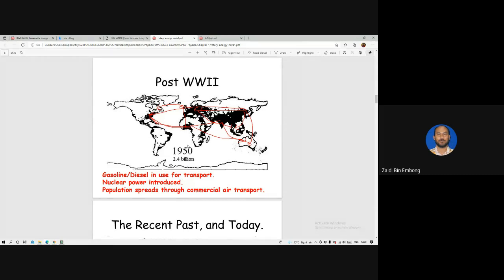The answer is no. I expected that it should be reduced, but the answer is no. Because in this context, nuclear is just in terms of backup power. It doesn't mean that if Malaysia has nuclear power, you should expect that your electricity bill will be reduced. It's not like that. It's only a backup power.